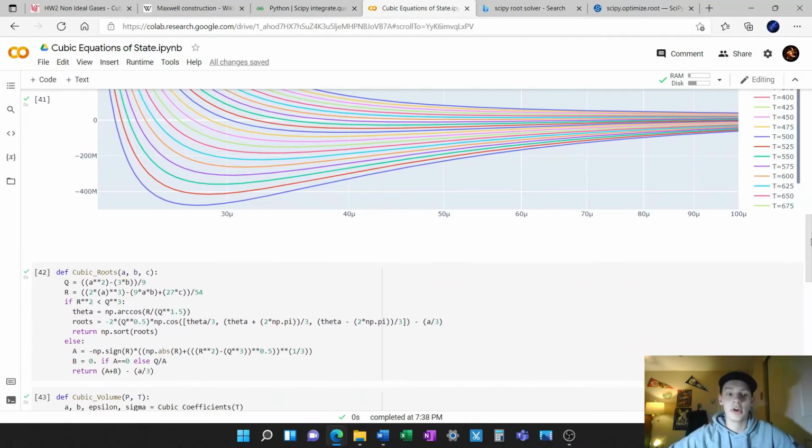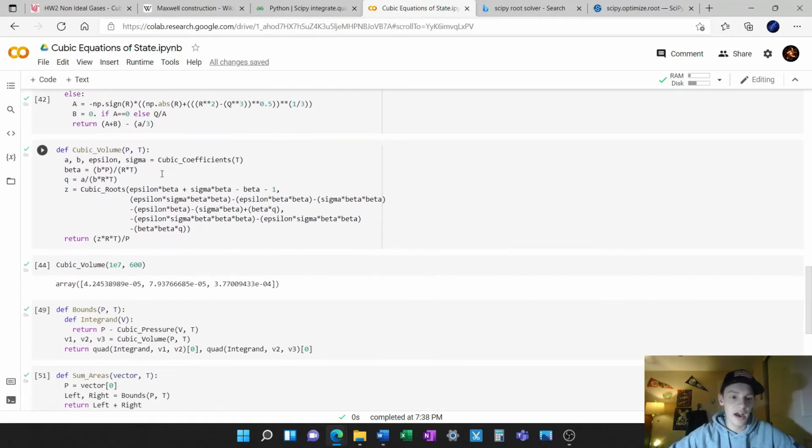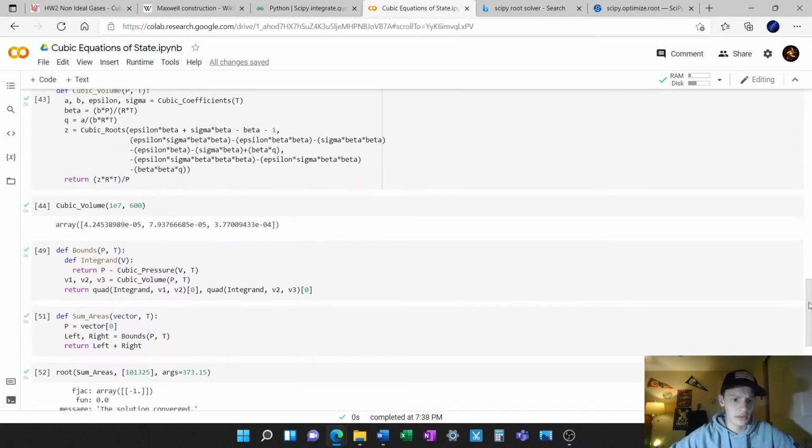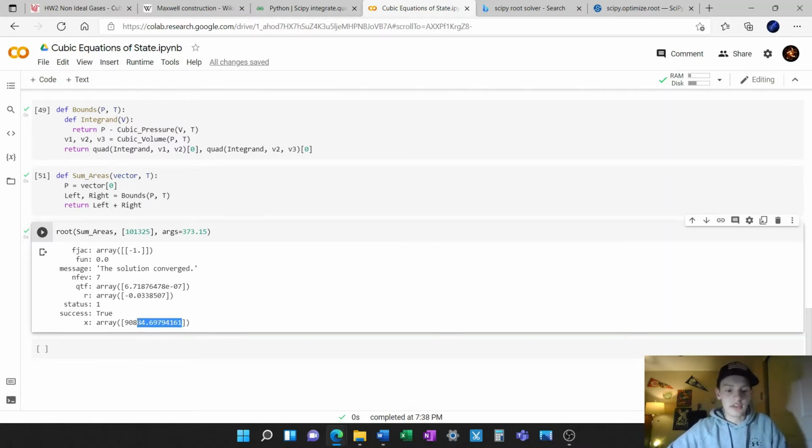Given just the critical point, we've been able to plot isothermic curves of pressure versus specific volume. We've been able to find specific volume values with the pressure and temperature supplied in that cubic volume function. And now what I tried to do here is see if the pressure corresponds to what the pressure actually would be at the normal boiling point for water. And okay, it's not perfect, but it's pretty close. So that is pretty impressive for us.